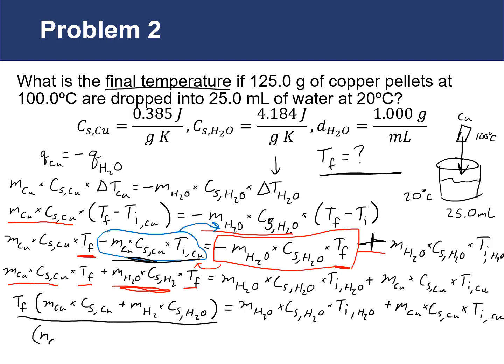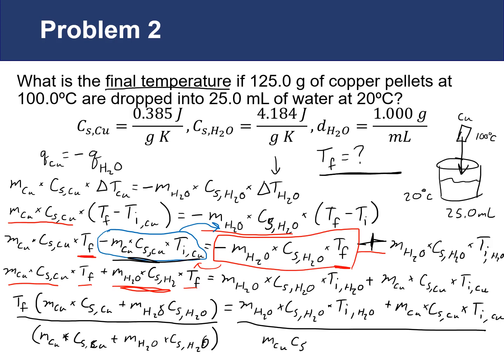So this would be mass of copper times the specific heat capacity of copper, plus the mass of water times the specific heat capacity of water, divided by mass of copper, specific heat capacity of copper, plus the mass of water times the specific heat capacity of water.